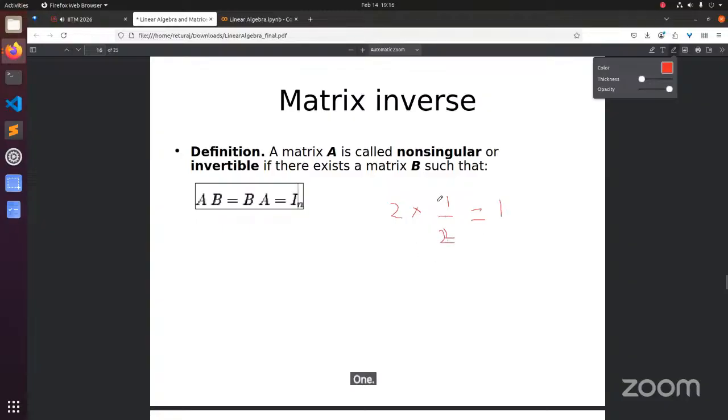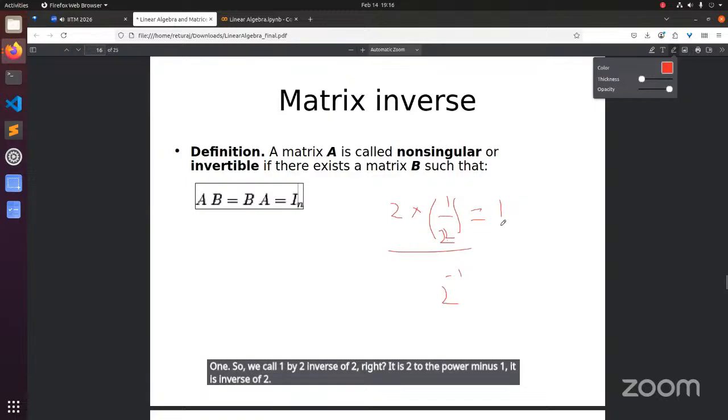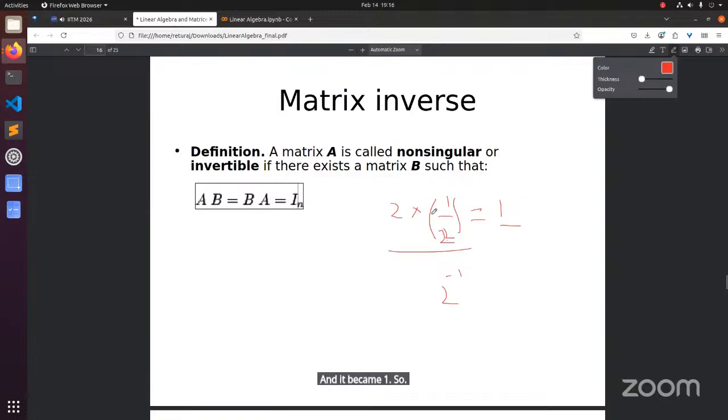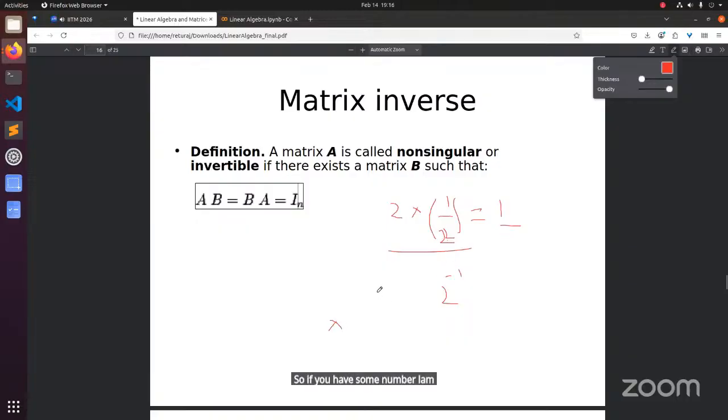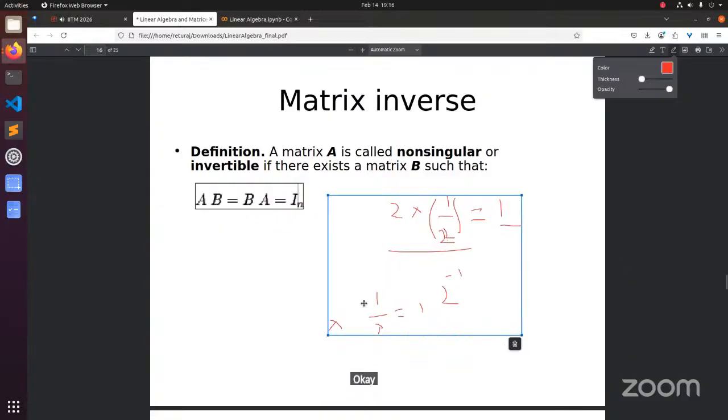So we call 1 by 2 the inverse of 2, 2 to the power minus 1. And it became 1. So in scalar, when we call inverse, we simply say 1 by that number. If you have some number lambda and you multiply by 1 by lambda, it becomes 1. So this is why we call it inverse.